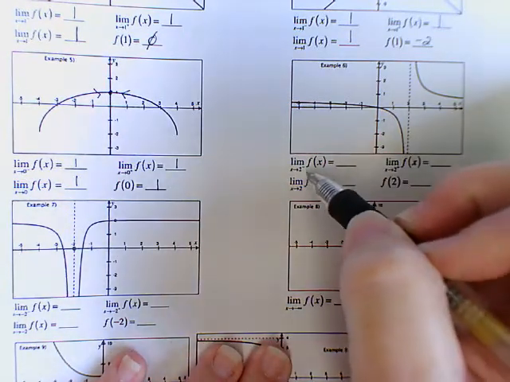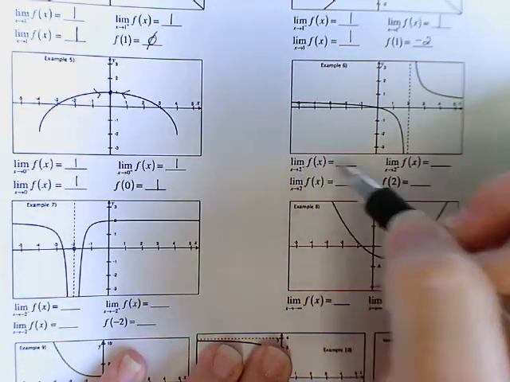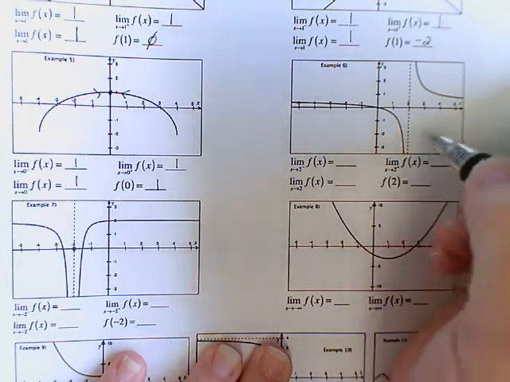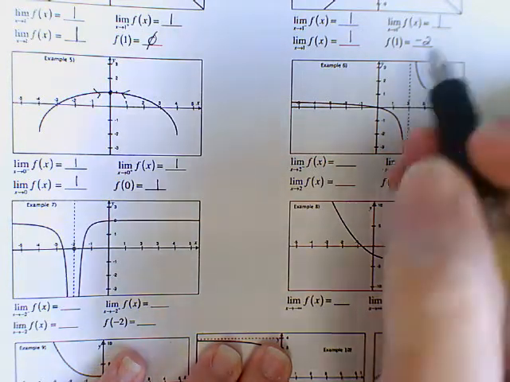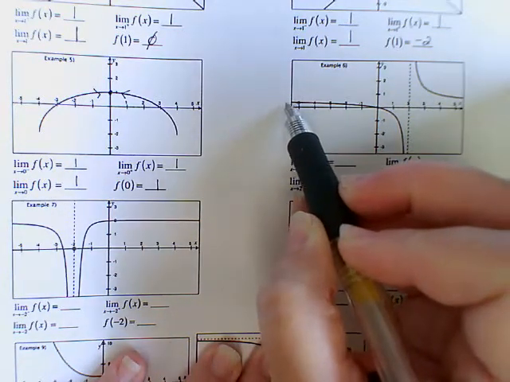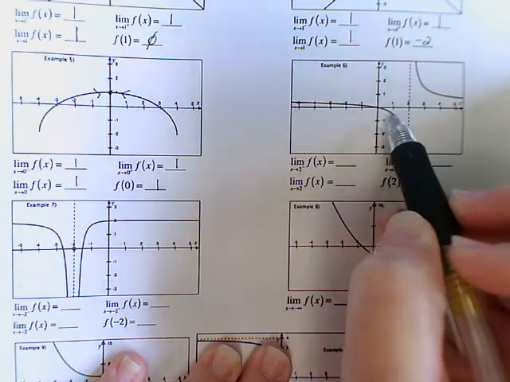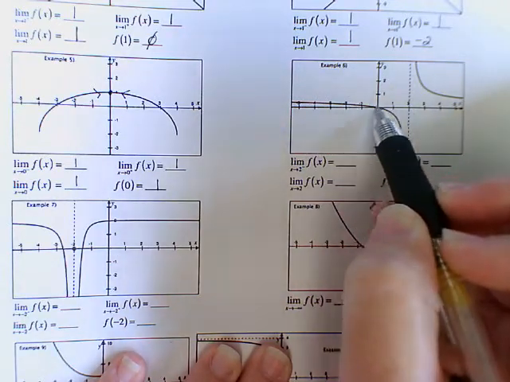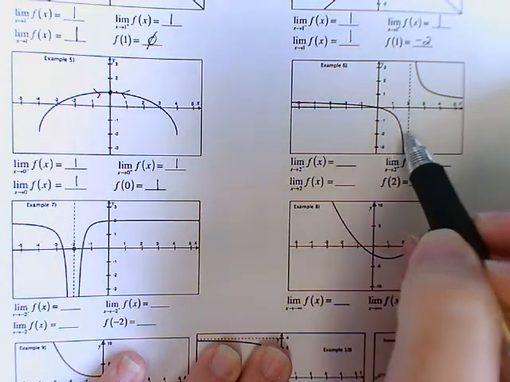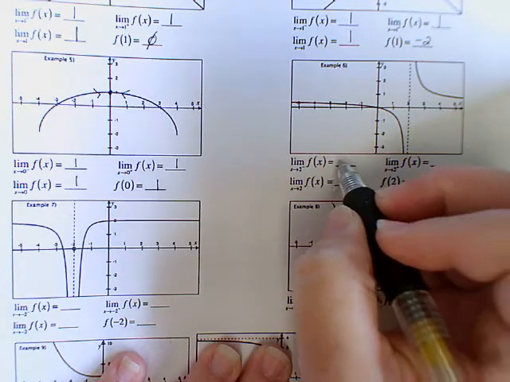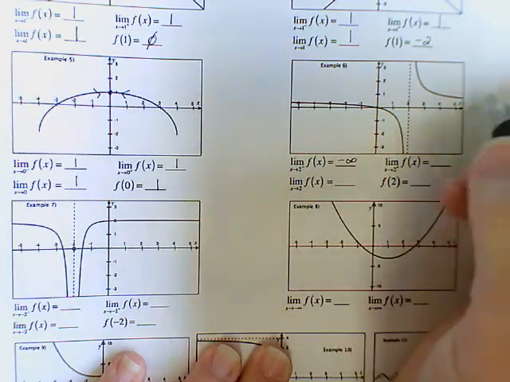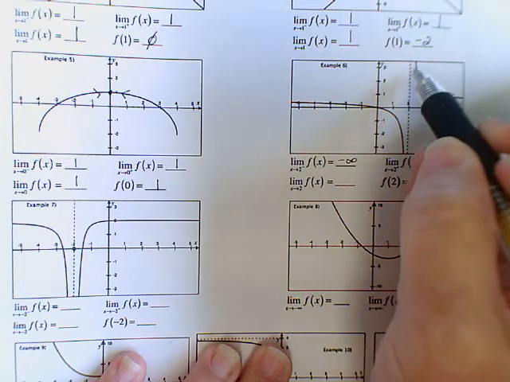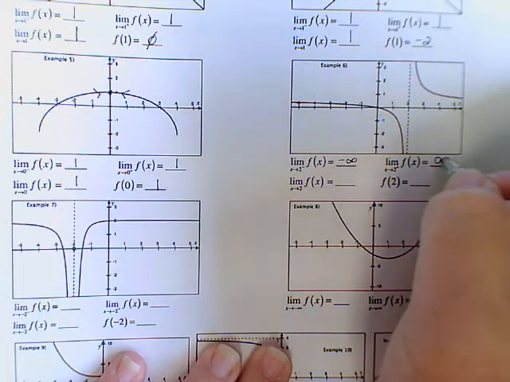Okay, looking at this one, this is 2 from the left, 2 from the right. On the left, we're looking at this part of the graph because it's the left side of 2, or left side of the asymptote. This one's going down, down, down towards the asymptote. That means that this is negative infinity. This one's going up, up, up towards the asymptote. That means this is infinity.